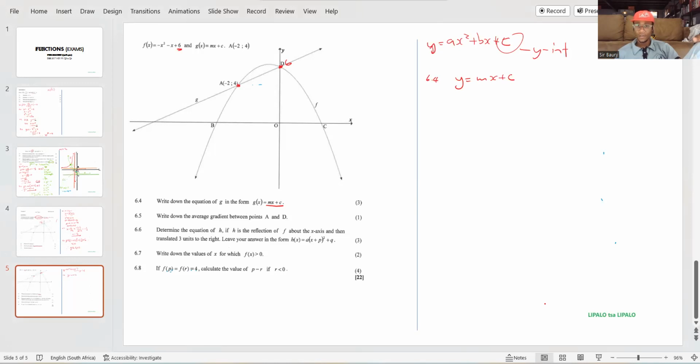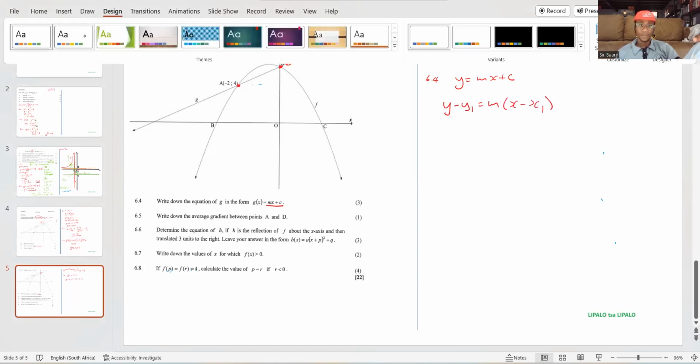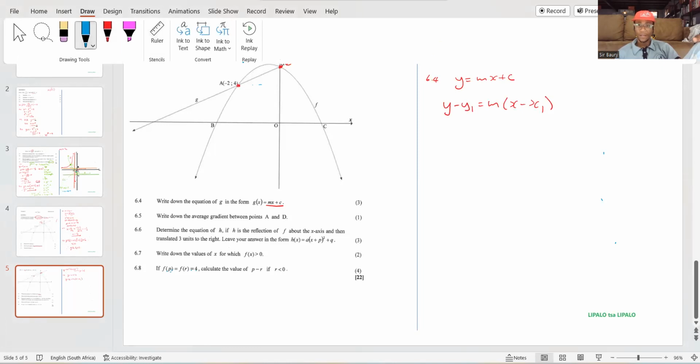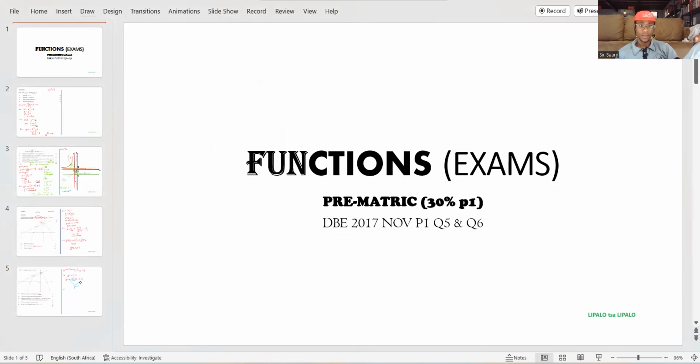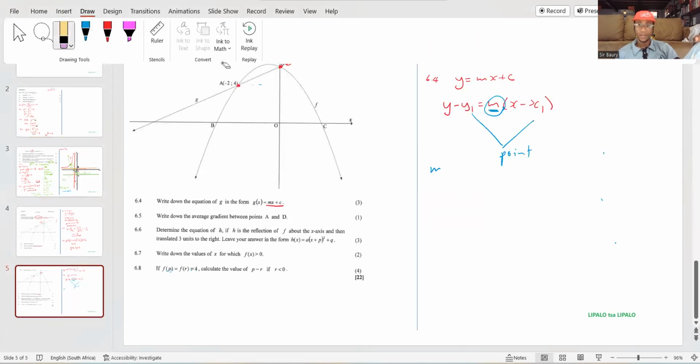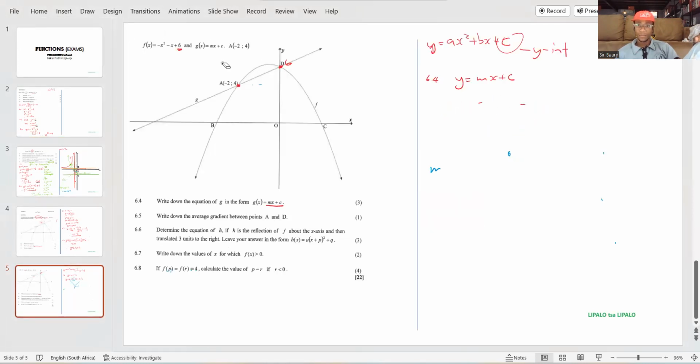So I can use this equation, y minus y1 equals m times x minus x1. This here is a point, and this, of course, is the gradient. I can find the gradient because I already have 2 points. So the gradient m. That's the equation they want.